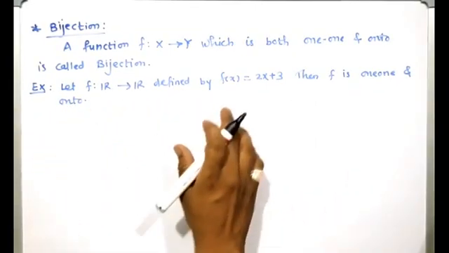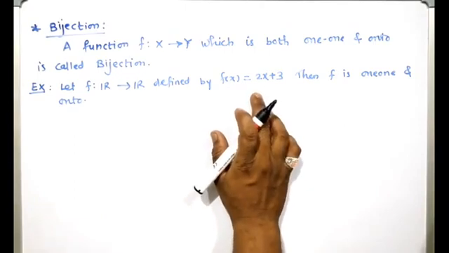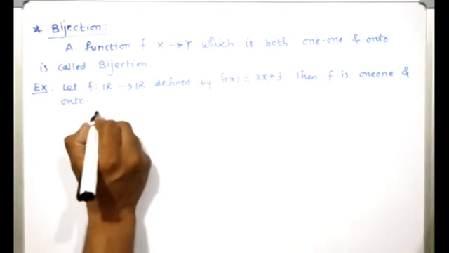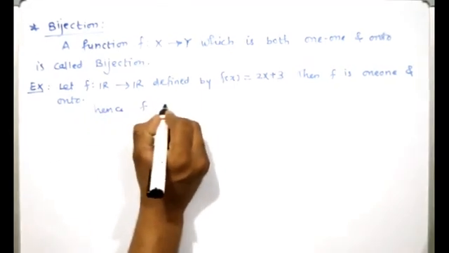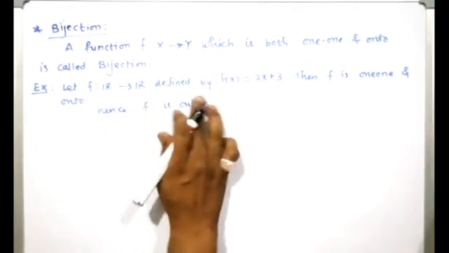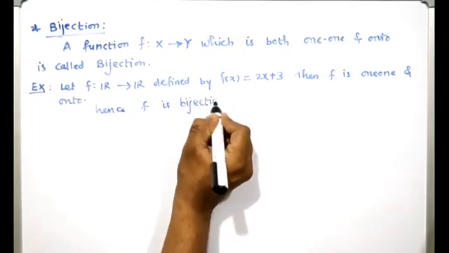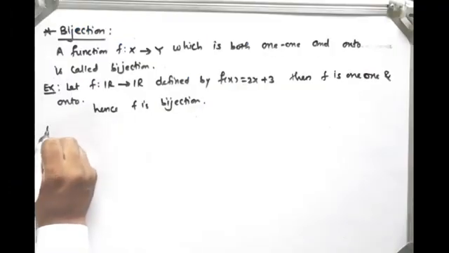Because in the previous lecture we have shown that f of x is equal to 2x plus 3 is one-one and onto. So hence we say that f is a bijection. f is bijection. Next example.